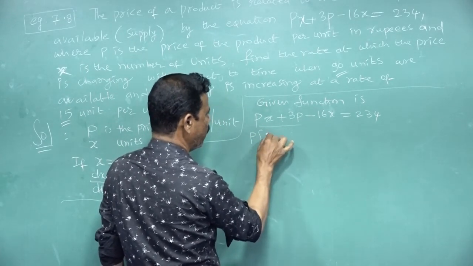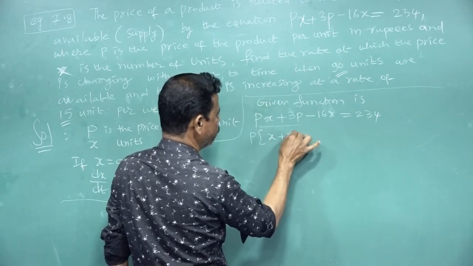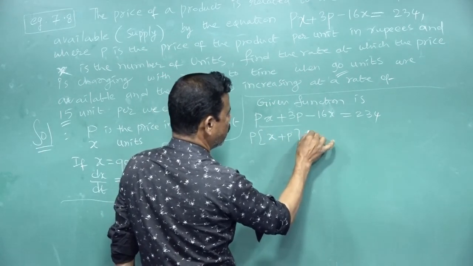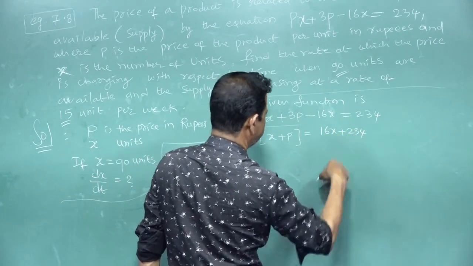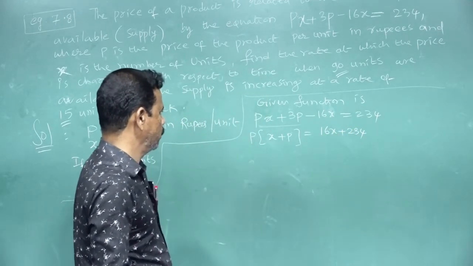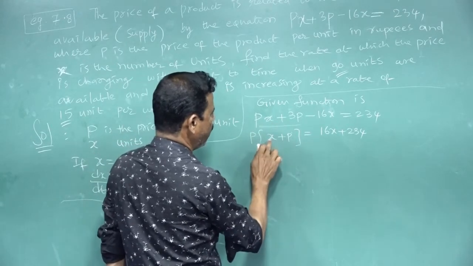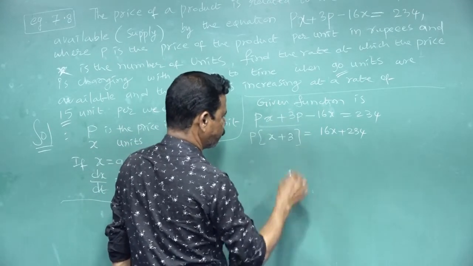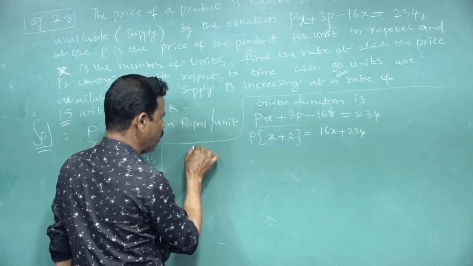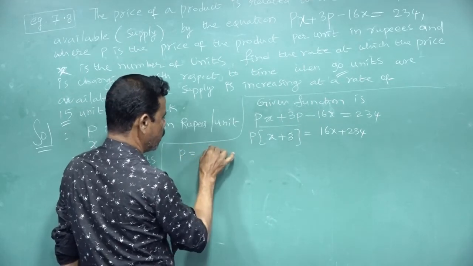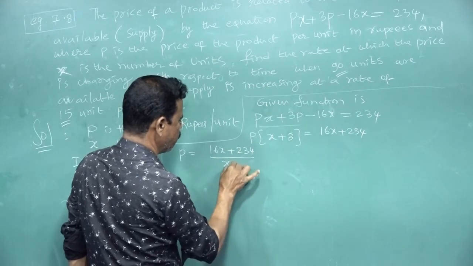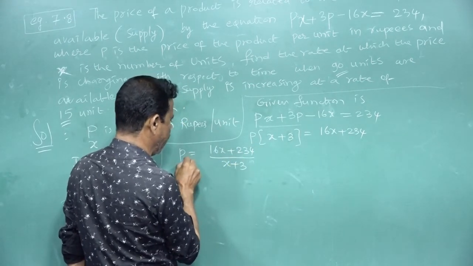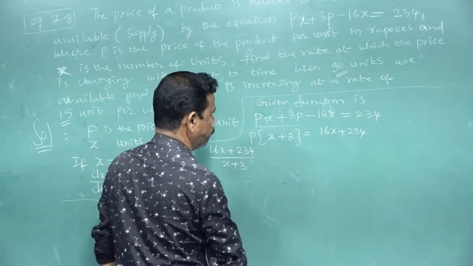Take p common: p(x + 3) is on one side, and the 16x + 234 is on the other. So here p is common, with x + 3. Now p is equal to (16x + 234)/(x + 3). This is p in terms of x.